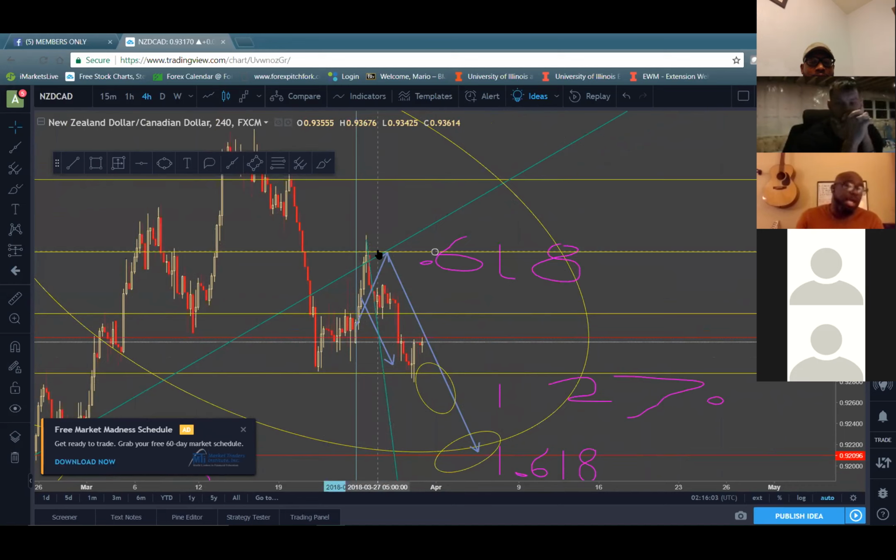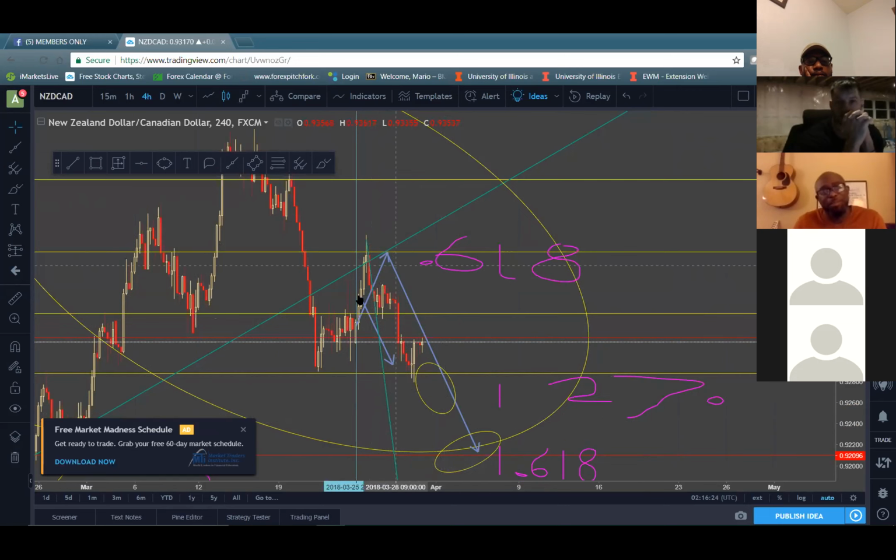I know that price could break through, but given the energy that's there, anything that looks like a break is probably fake. So I draw my arrows to say we honestly think this thing is going to come down.